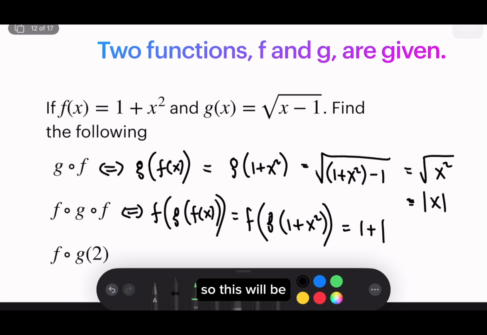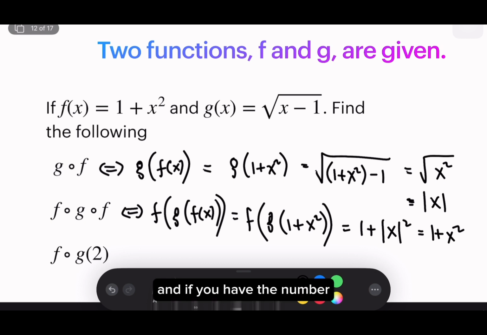So this will be back to the f. And if you have the number, then we can just plug in x equal to 2. So this will be f g of 2.